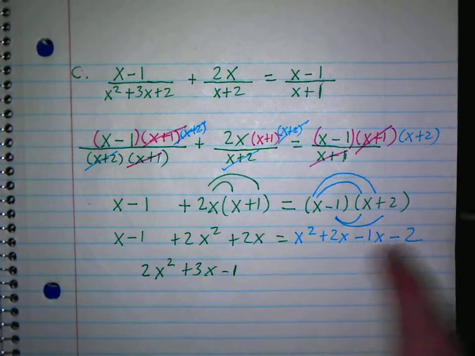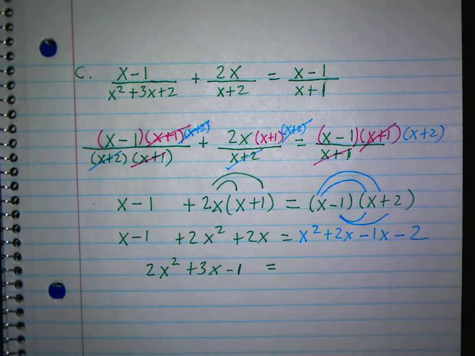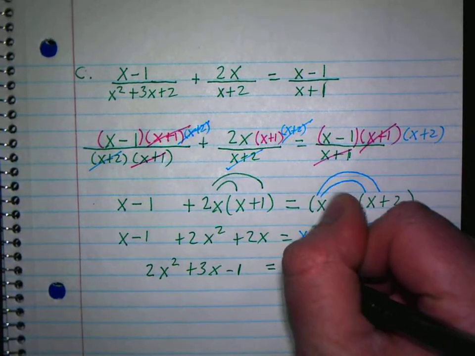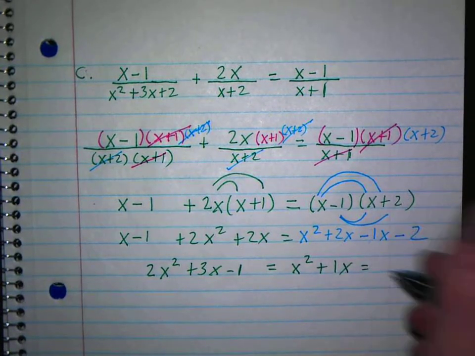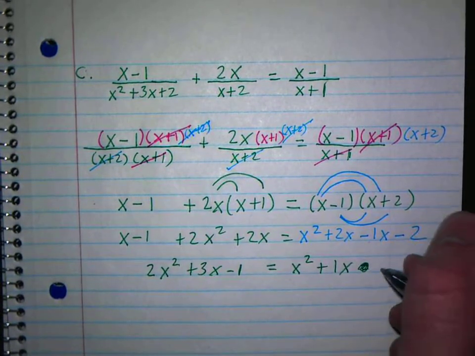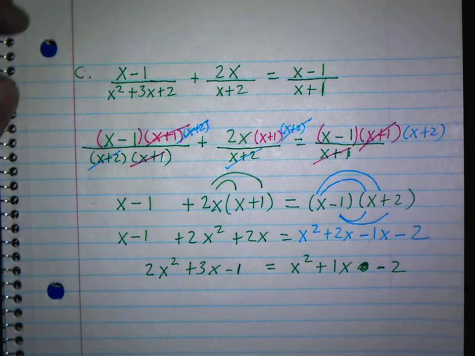And then on this side, in blue, what combines? 2x minus 1x is 1x, right? Oops. That should be a minus 2, correct? I almost put 2 equal signs.